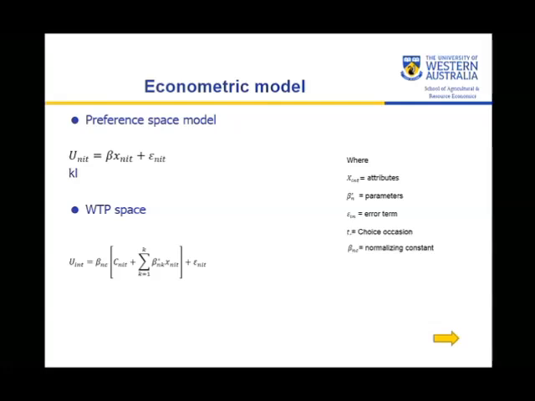So we have separated these attributes, which are a composite of monetary and non-monetary attributes, into monetary and non-monetary, such that we end up normalizing when we divide the BNC by BNK, we get willingness to pay estimates. Here we have normalized C, we have set the cost or monetary attribute to 1, so that the rest of the parameters will be willingness to pay estimates.